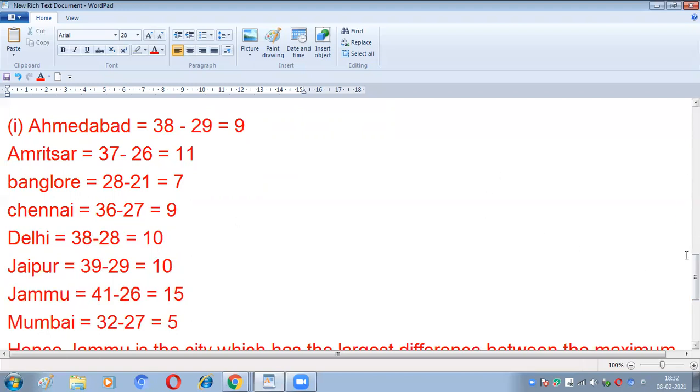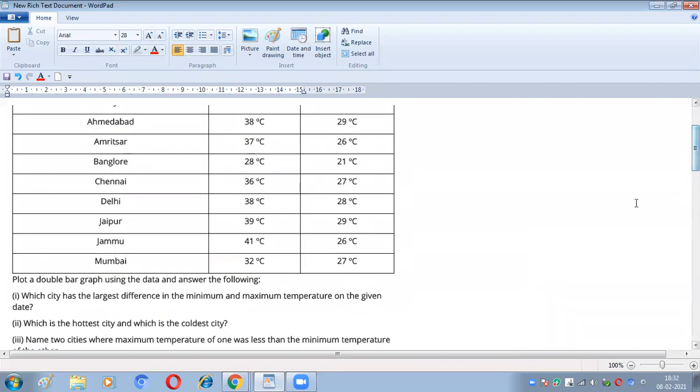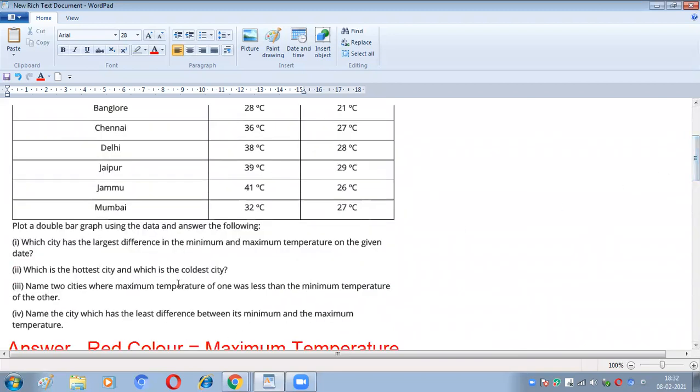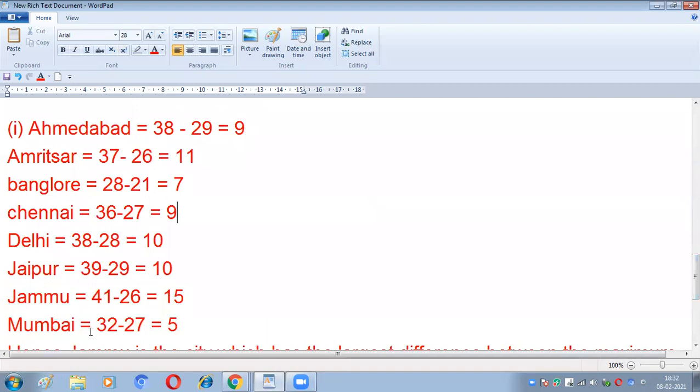And here it has asked to name the city which has the least difference between its minimum and maximum temperature. So first we have to find the difference between maximum and minimum, and from that we have to find the least number. In this difference, the least number is 5, and Mumbai is having a difference of 5 degrees Celsius.